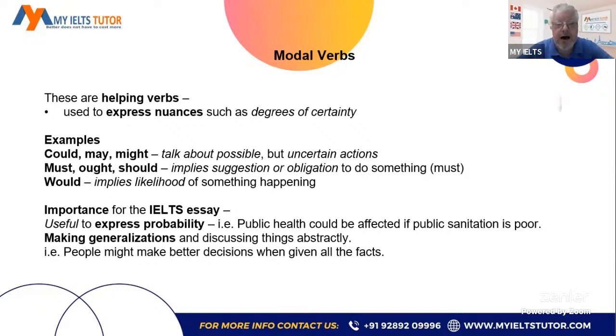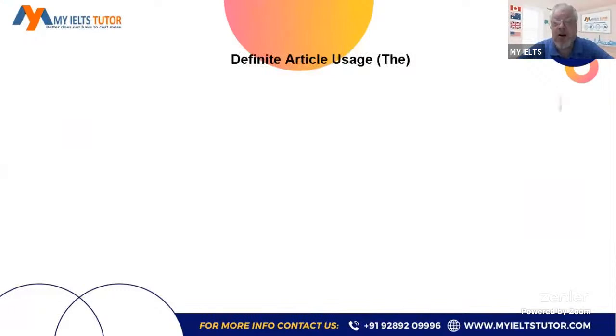So now let's move on to the definite article, the. This is really important, and this is a very common mistake I see students make in their writing and in their speaking as well. So this is used for specific nouns which are known by the writer.